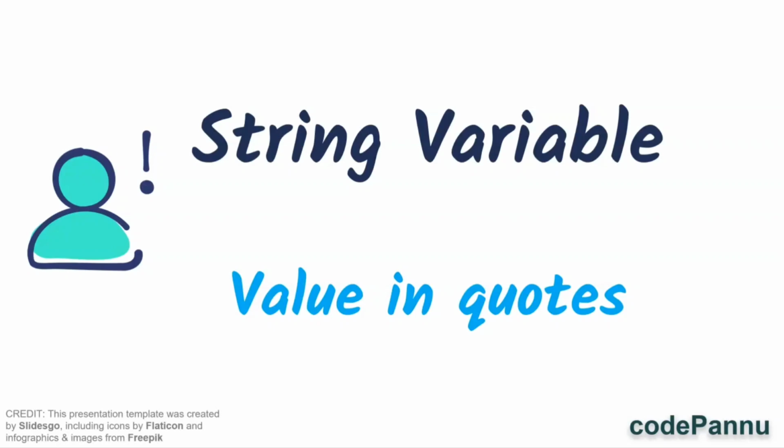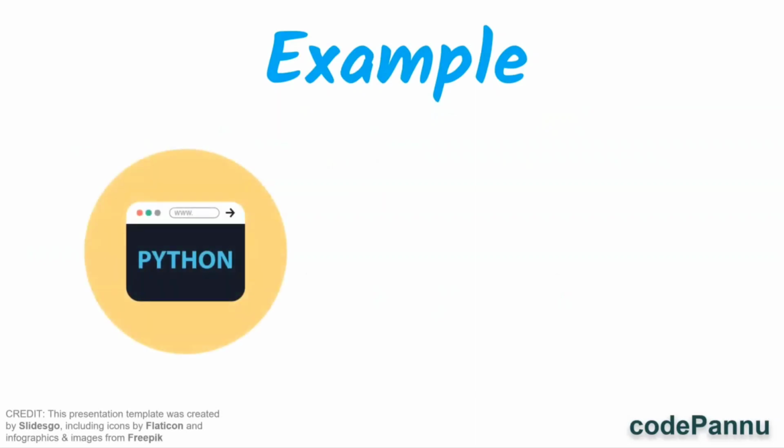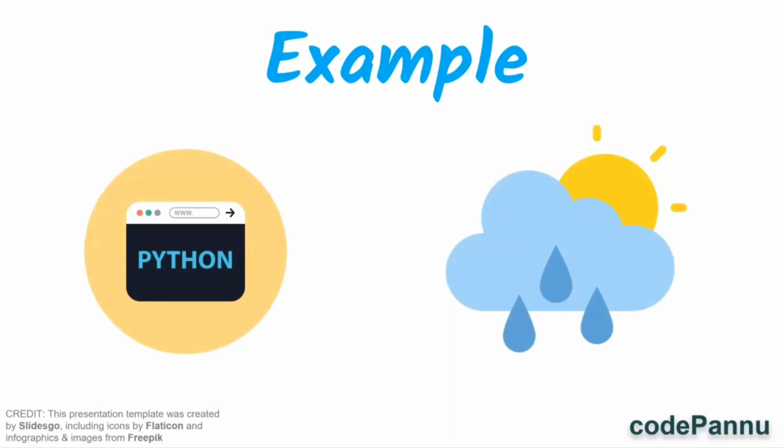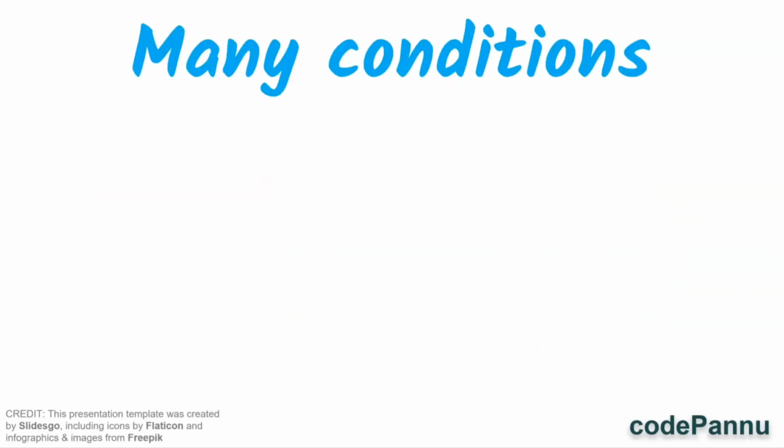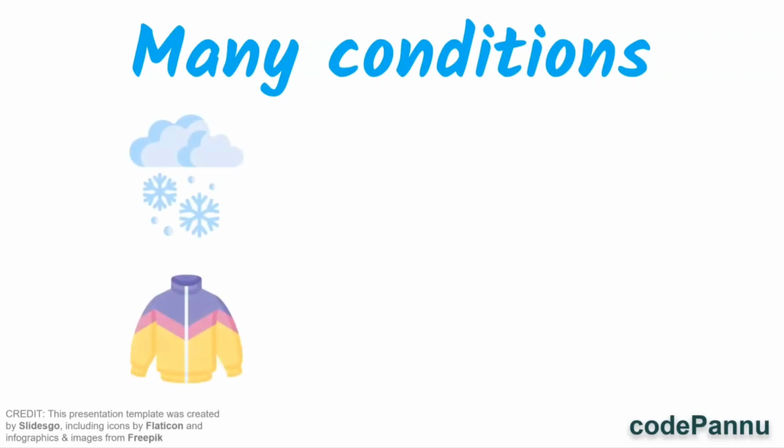Now, shall we start? Okay, we are going to take an example where Python can recommend what to take with us depending upon the weather outside. So here in this example, we have many conditions to check. First condition is if the weather is cold, Python should ask us to take a jacket with us.